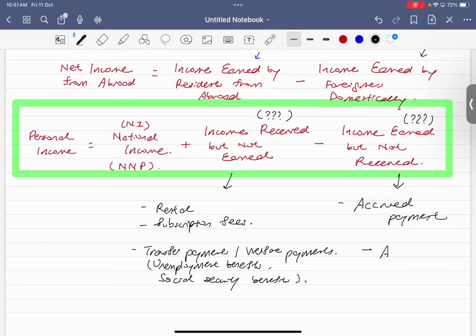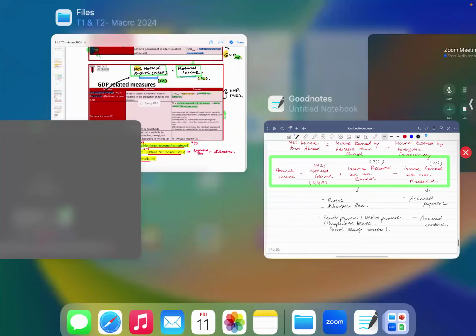So this is what I call accrued dividends. They declare first. Usually dividends are declared in the beginning of the year or the beginning of the month, and after that they release the money. So income earned but not received. They owe you first, you haven't received yet. Okay, accrue. So now go back here.